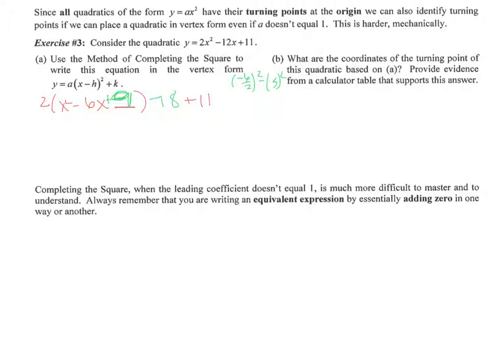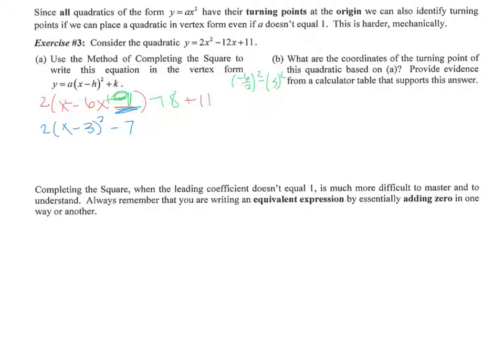How did that become 18? What became 18 is we take what our c is and we still have to multiply it by that number on the outside. So we subtract 18 because if I were to re-multiply that 2 in, it would be a plus 18. So now I have 2 times (x minus 3) squared minus 7.